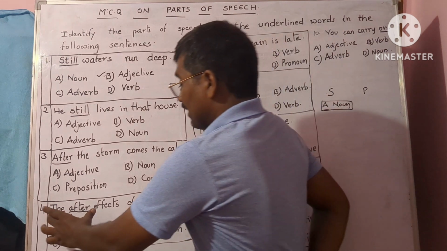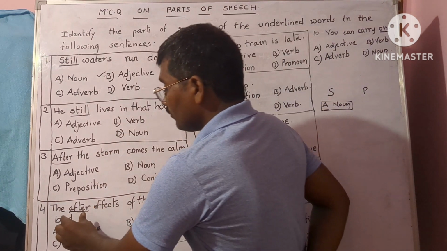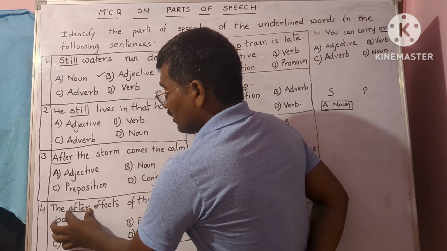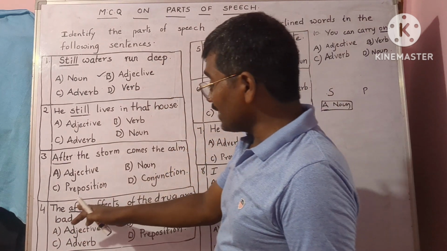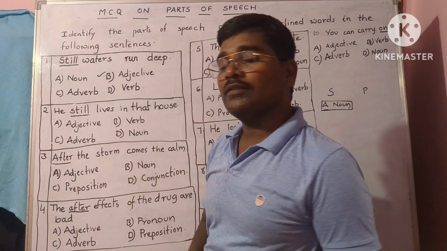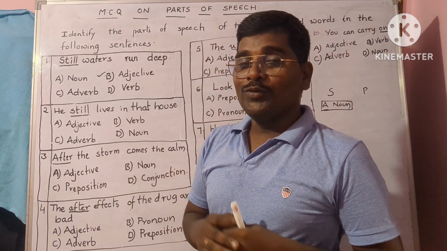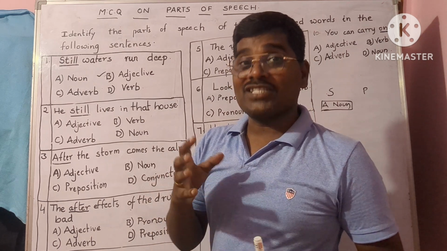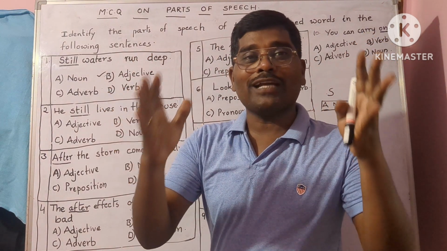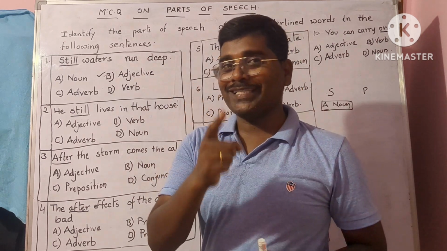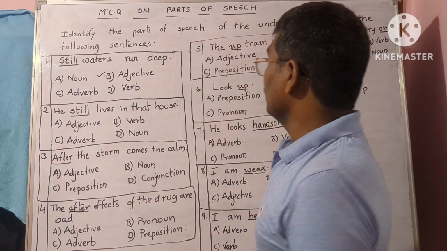See here, in the noun phrase the after effects, after is qualifying the word effects. It is adding to the meaning of the word effects. So, we can call it an adjective. Any word that qualifies a noun or a pronoun, we can call it an adjective. So here, option A is right.